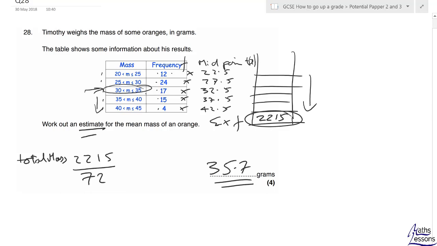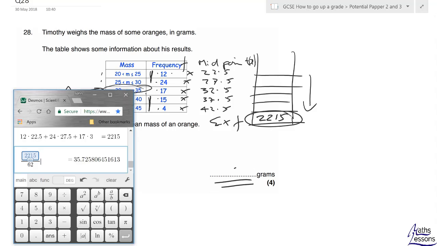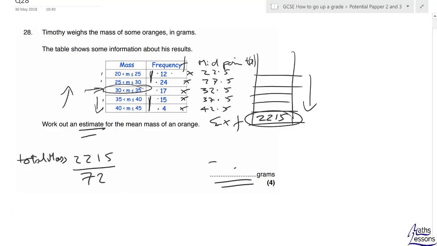So it's more than this, and yet there's less of these than there were of these. So it's more likely to be lower than the middle value than it is to be higher than the middle value. So that's why I spotted my mistake. So if I go back and divide by 72 instead, I get 30.76, which is 30.8 grams to 3SF.